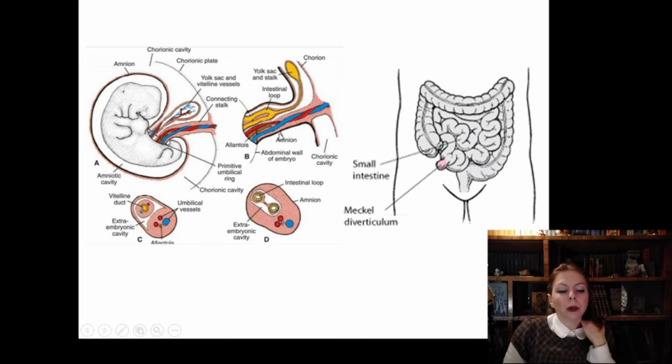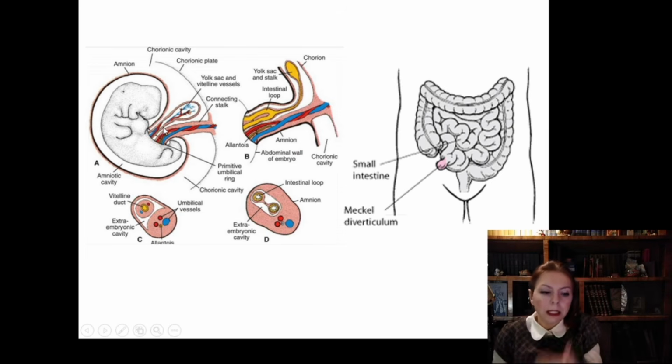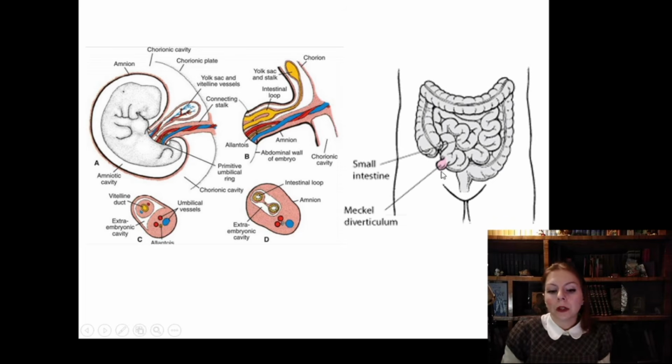Because of the displacement of the intestines, the small intestine gets involved in the umbilical cord, this structure is formed, and usually in this structure the ectopic expression of stomach epithelium takes place.